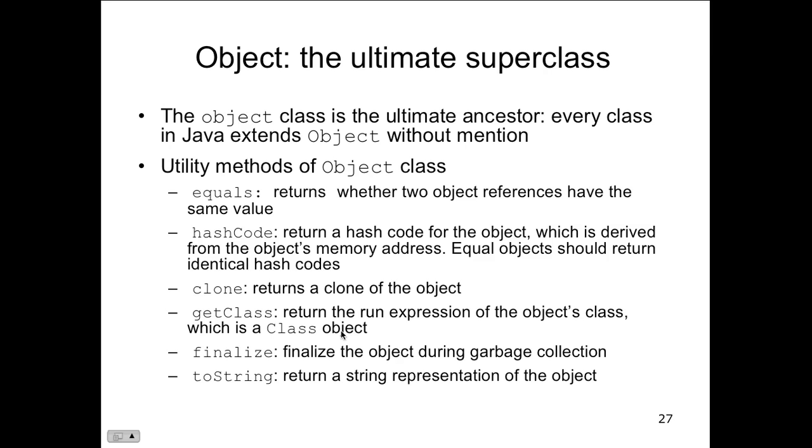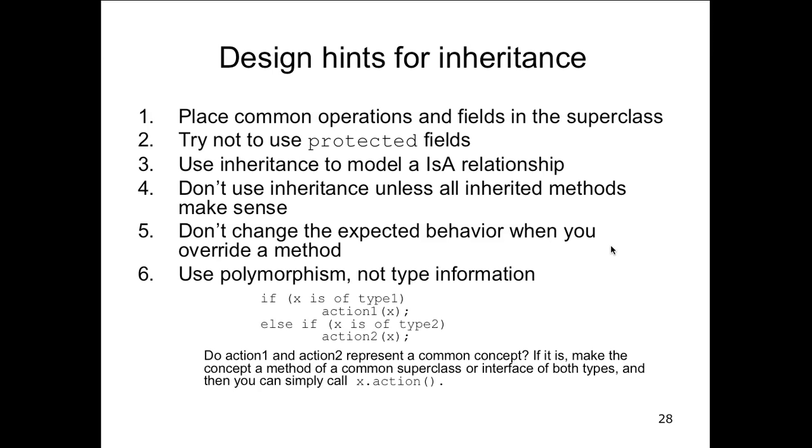Well, you can't do that in the real world. GetClass returns the class expression of the object's class, which is the class object itself. Finalize takes the object away during garbage collection. ToString returns a string representation of the object. It takes the object and prints it out in a readable format that's not object code.